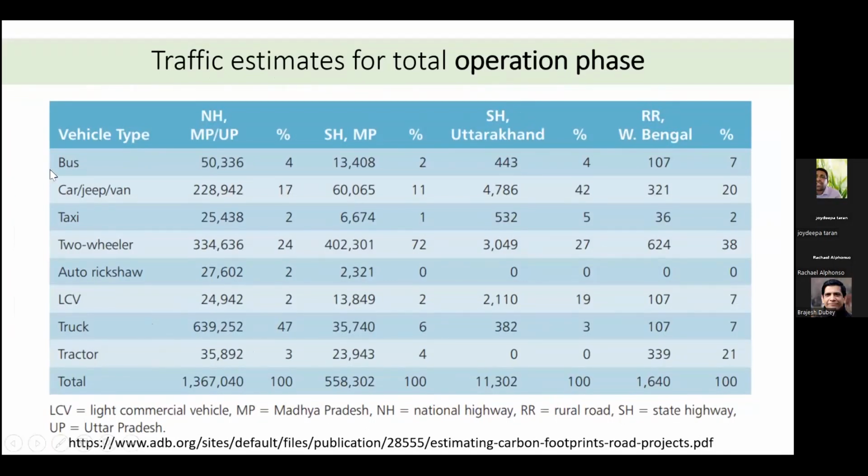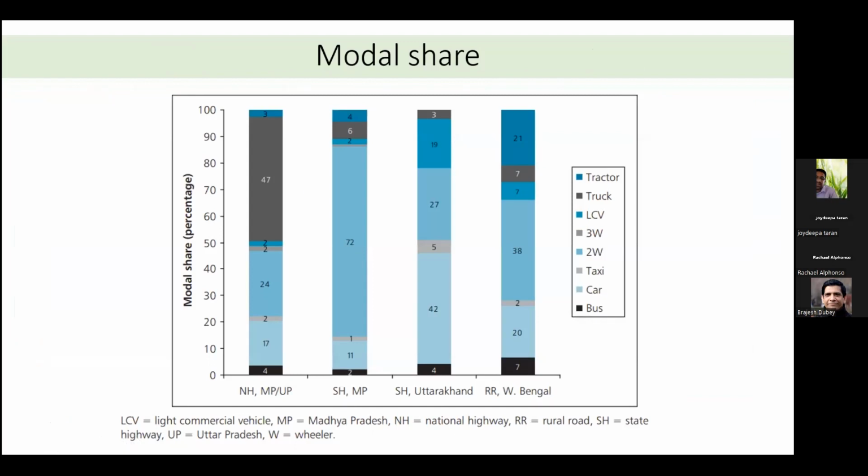In the operation phase, for each different type of vehicle that they have considered over here, and the modal share. So I said traffic survey, which you do: what is the type of vehicle that is going on that particular road for a period of 1 week or more. If you can do that, it would be very good, because as the average increases, the possibility for doing an uncertainty analysis will increase.